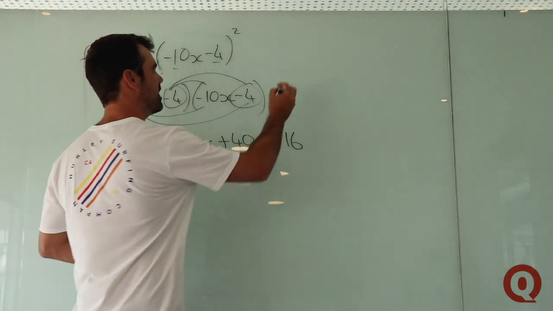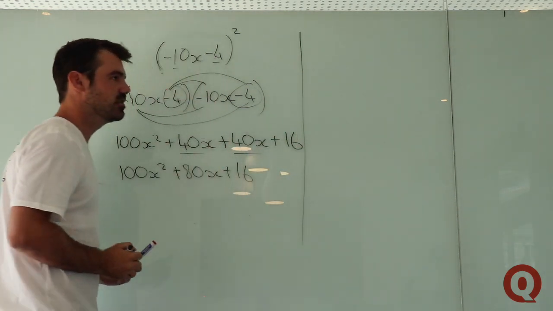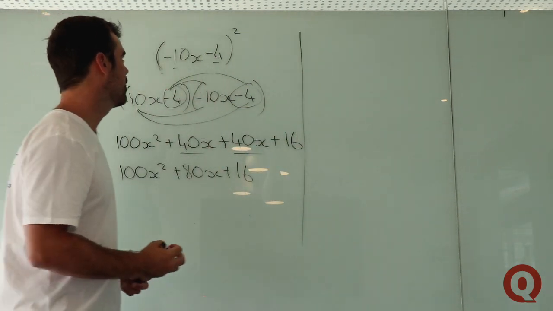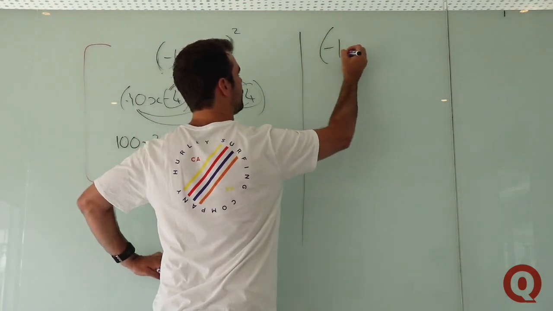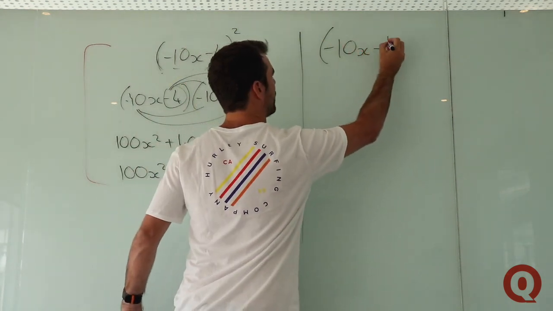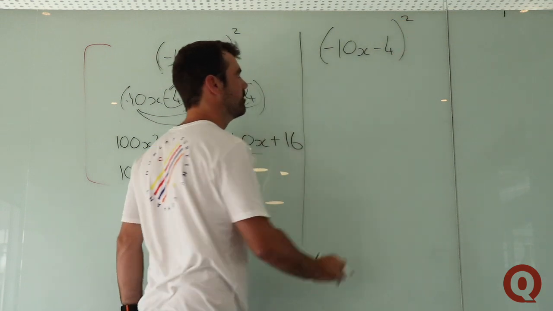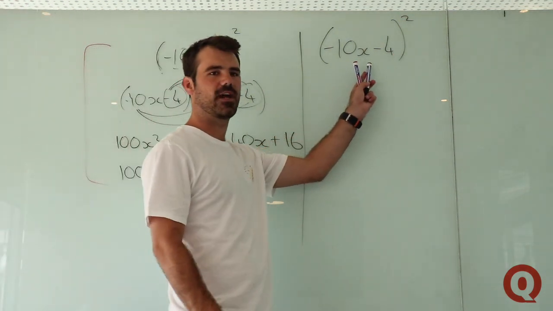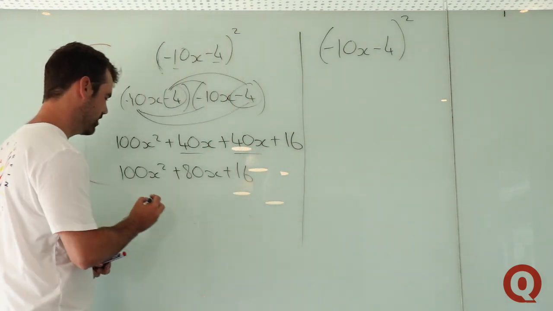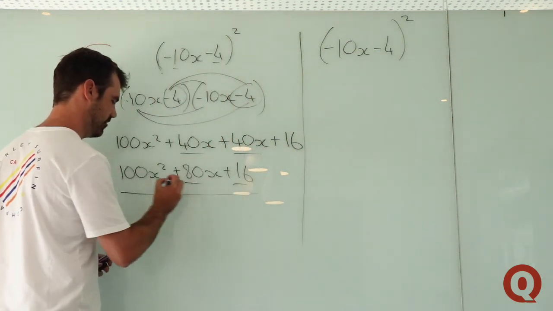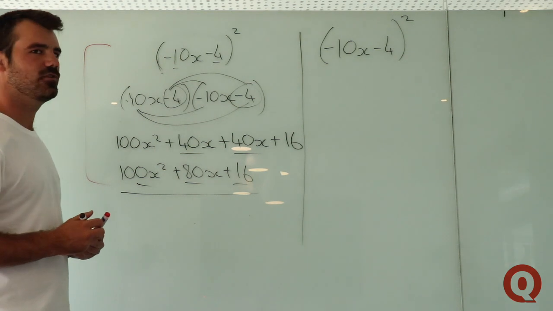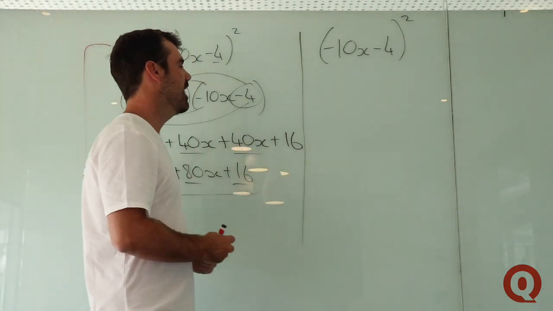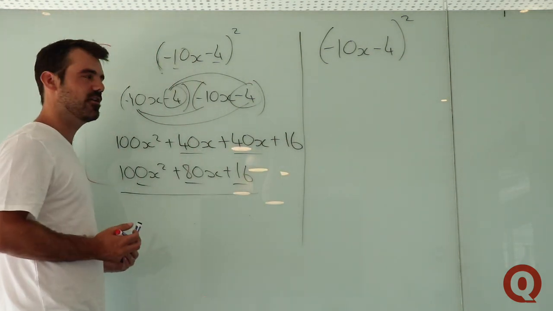This is going to be the same sum, just using an easier way. So we've got the same sum, negative 10x minus 4 squared. What we've realized is that when we have two terms in a bracket being squared, we generate three terms as our answer. So let's use what we previously thought was correct and then find a way to get that middle term.